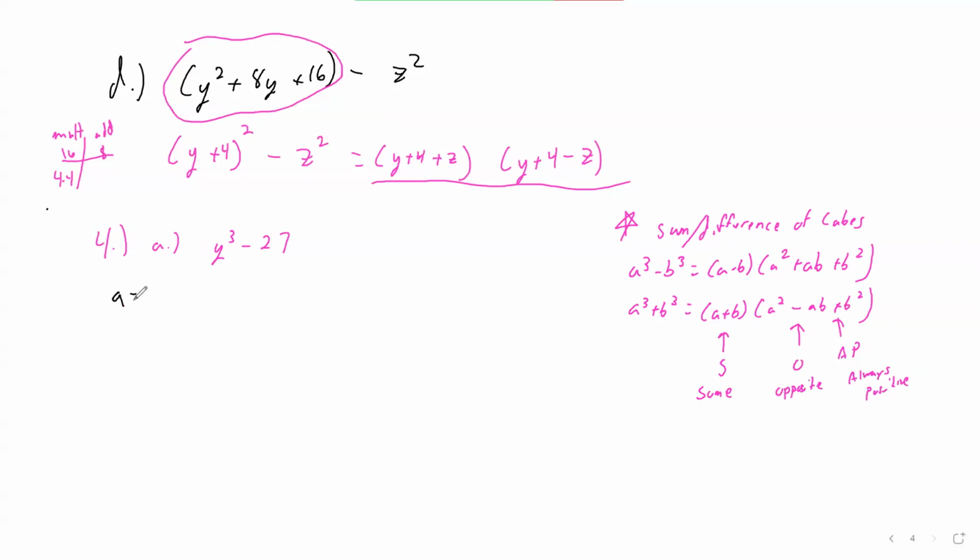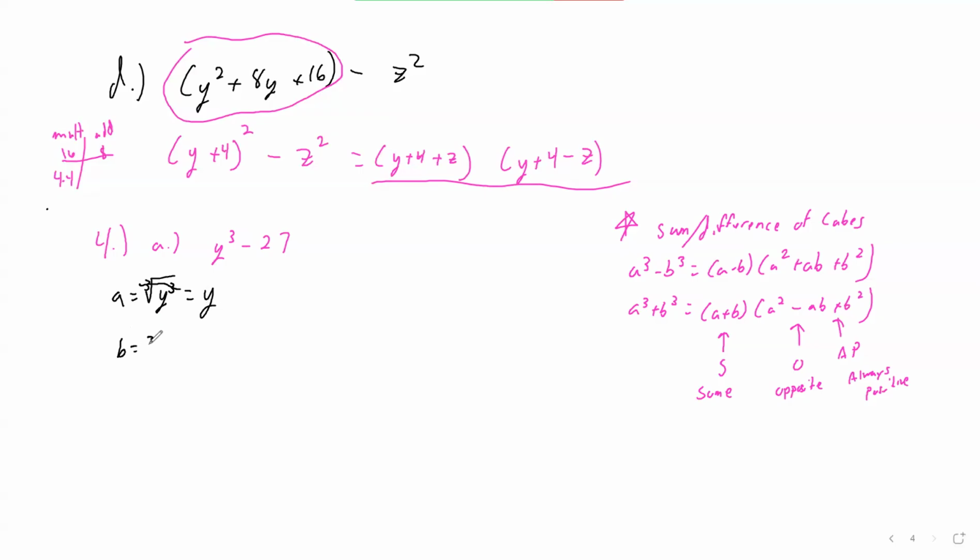So your A is going to be the cube root of the first term. Now, cube root means what times itself 3 times would give you that result. Well, I can see that I could do y times y times y, and that would give me y cubed. Or I could also see a cube and a cube root will cancel each other out, and I'd be left with just a y.